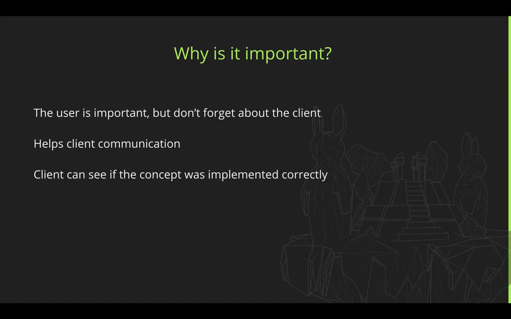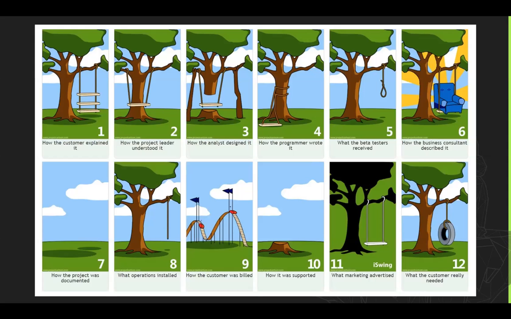So showing a prototype to a client helps client communication, because that way the client can clearly see whether you have included all of the information that he wants, and he can also see if the concepts are implemented correctly, especially when there are rigid rules around a certain product. You have to keep in mind how it's implemented.